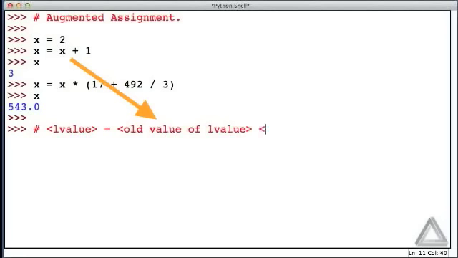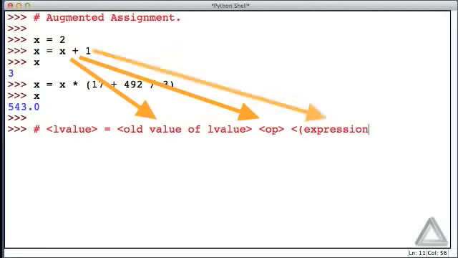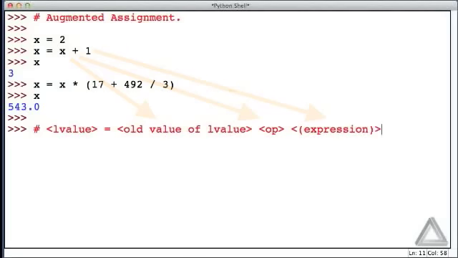And then that's followed by some operator, either addition or multiplication, and then beyond that we have an expression. In the first case we had an L value of x. On the right hand side we had x again, so that yields the old value, then plus 1, and so the expression was just the literal 1. And recall that literals are the simplest form of expression we have.